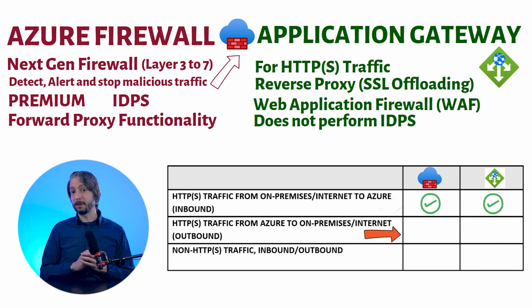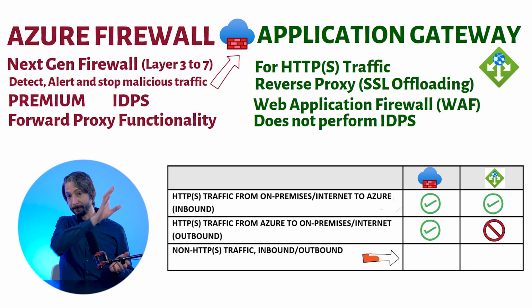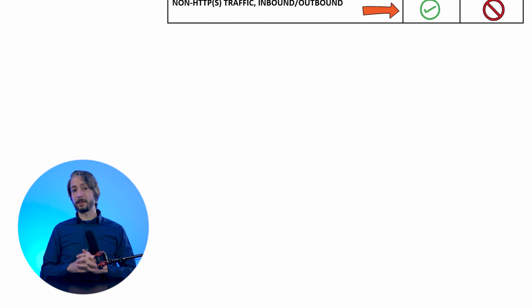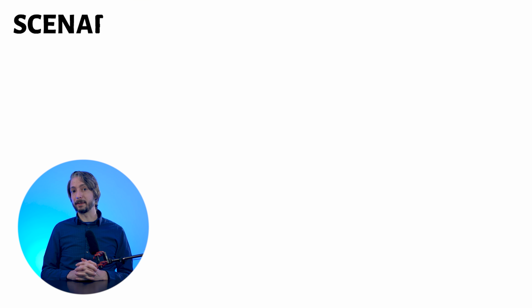This can be filtered by the Azure Firewall using the forward proxy functionality. This is not possible with an application gateway. Then we have non-HTTPS traffic, inbound, coming in, and outbound. This can be filtered by the Azure Firewall, but the application gateway doesn't understand and cannot handle this type of traffic.